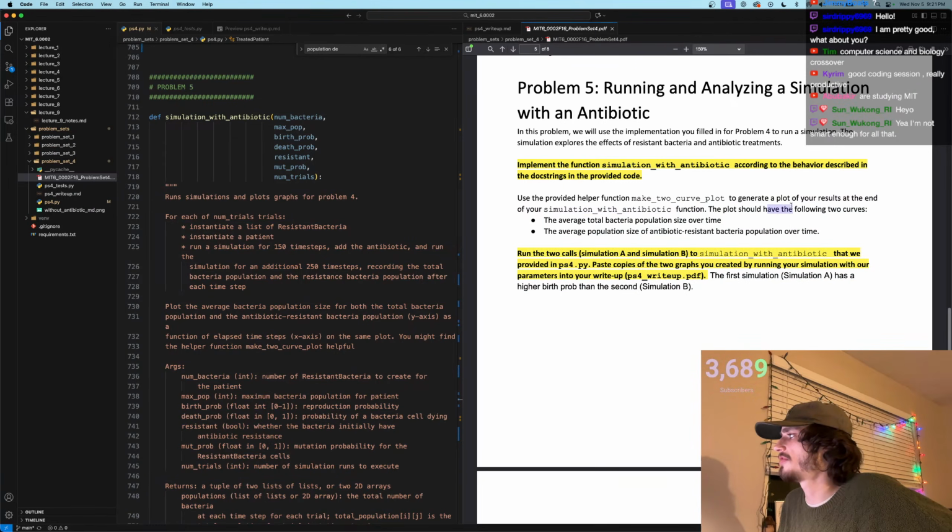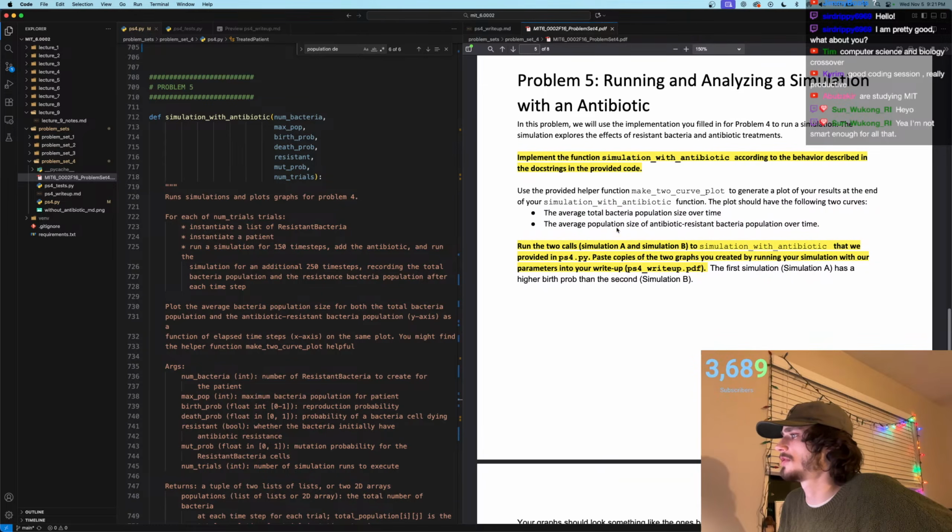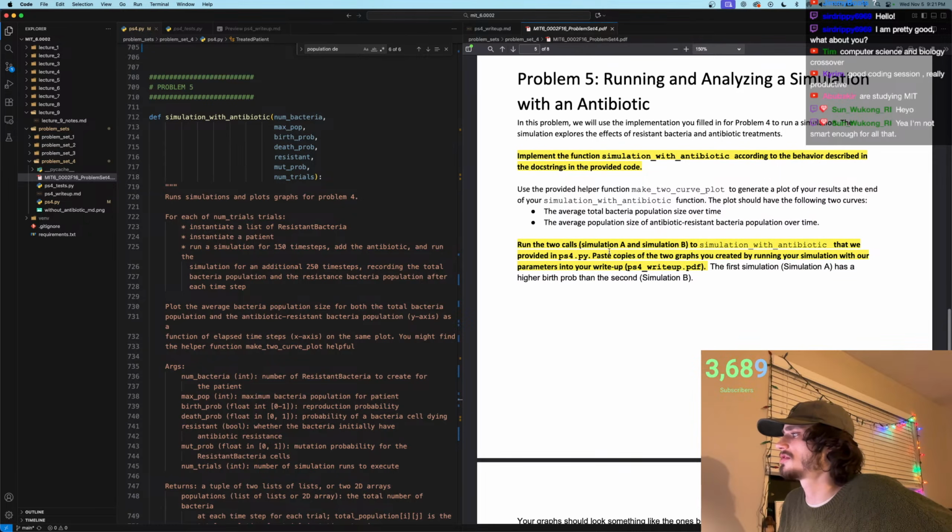The plot should have the following two curves: the average population bacteria size over time, and the average population size of antibiotic resistant bacteria over time. Run the two calls, simulation A and B, simulation with antibiotic that we solved in PSET 4. Paste copies of the two graphs created in simulation with our parameters into your write-up.